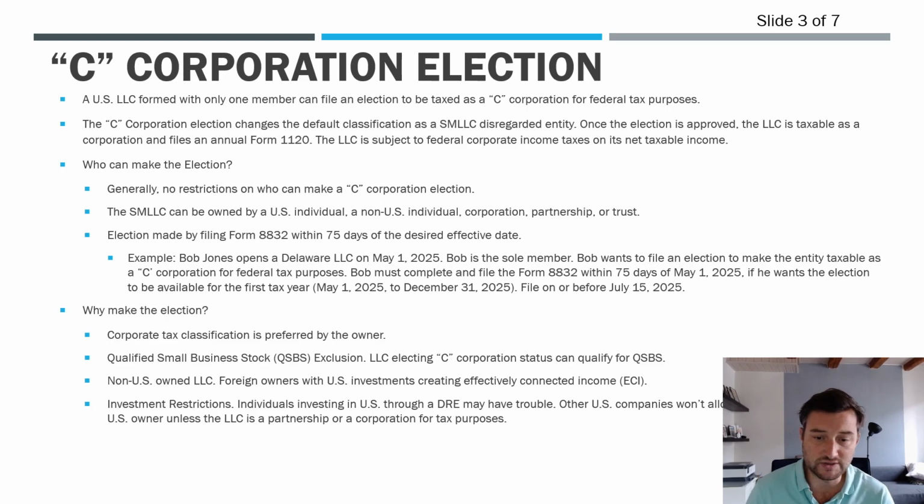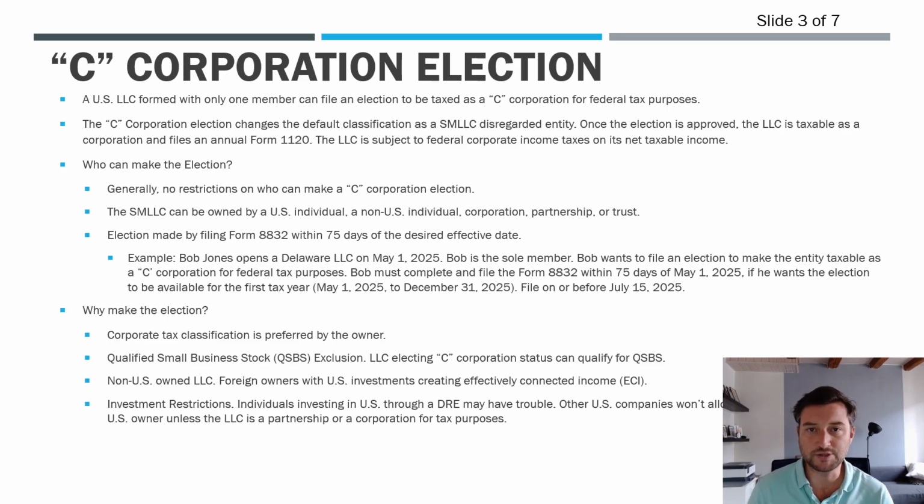And then the last one is just simply some investment restrictions. A lot of non-U.S. persons want to invest in U.S. companies or U.S. markets, and what they often find is there's some pushback. Let's say you want to invest in a real estate fund in the U.S., and the real estate fund is a partnership, but they restrict investment to U.S. persons only.